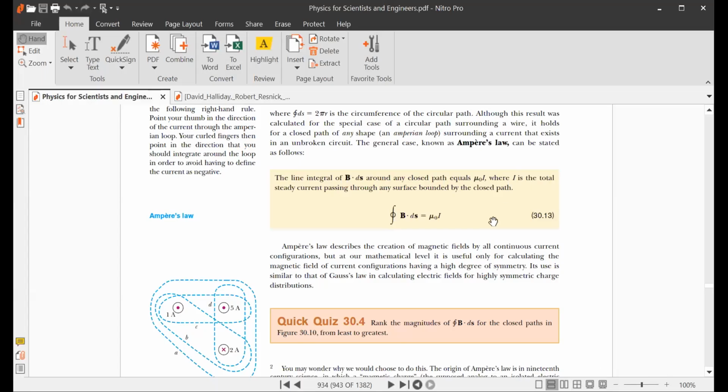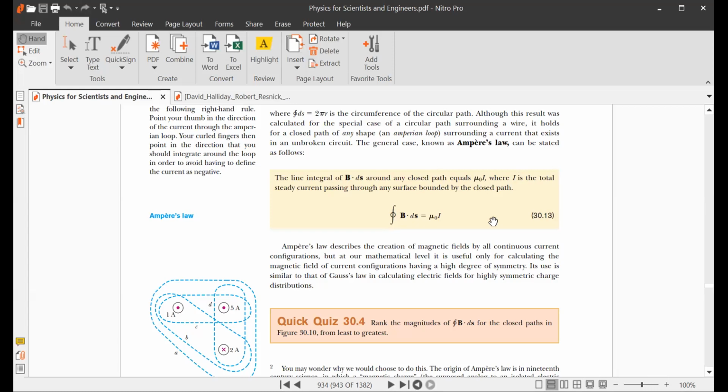So that's the example. Basically, similar to Gauss's law of electrostatics, Ampere's law is more general than the Biot-Savart law, but it is easier to solve using symmetry. Like the very long wire, it has cylindrical symmetry, okay?